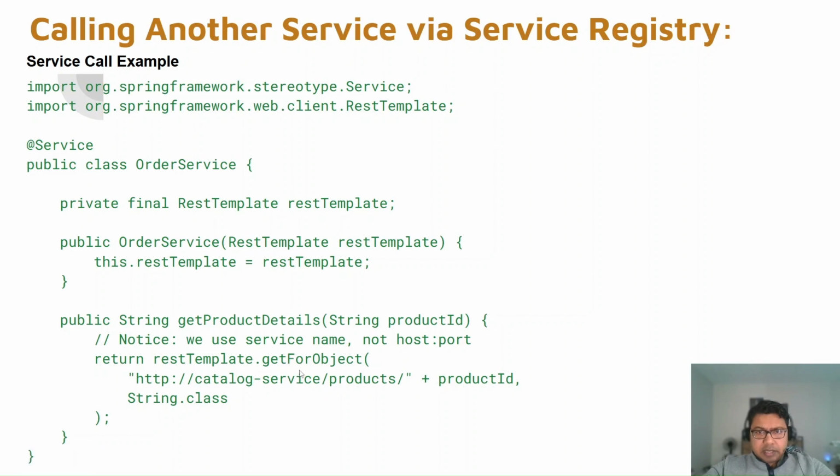This REST call is going to http://catalog-service/products/{productId}. It will connect to Eureka with the name catalog service, Eureka will provide the instance for the catalog service, and then it will invoke that catalog service instance. This is what happens in the order service.